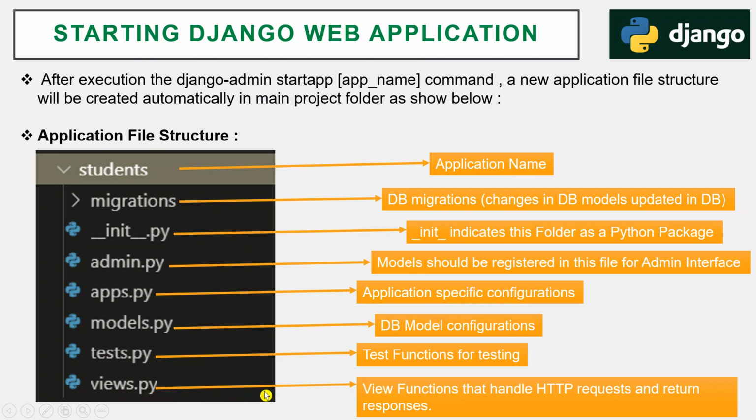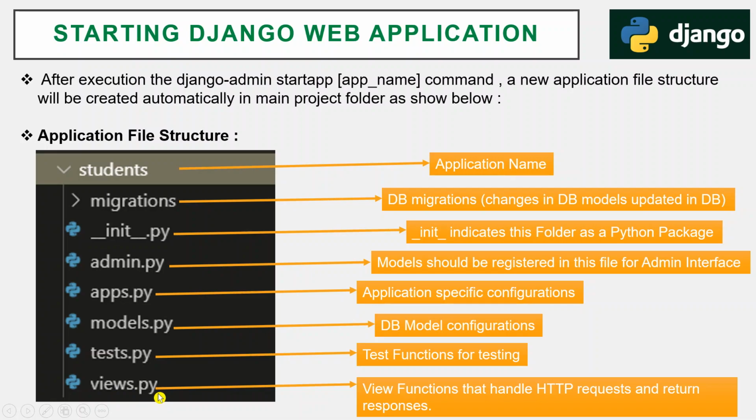It consists of view functions that handle HTTP requests and return responses. Where do HTTP requests come from? From the browser. The user opens the web browser on the front end and requests some web page by typing the URL address into the address bar. That's nothing but an HTTP request. That request comes to the view function.